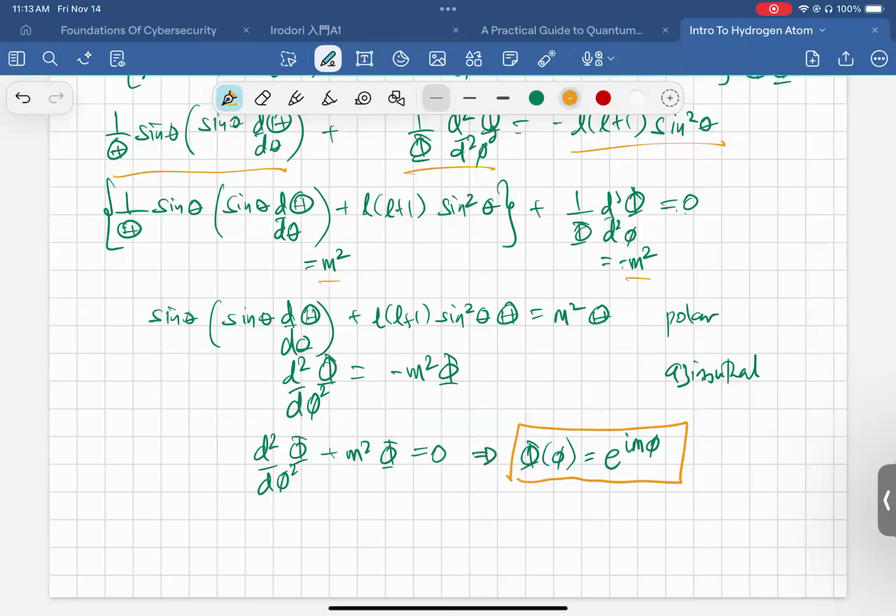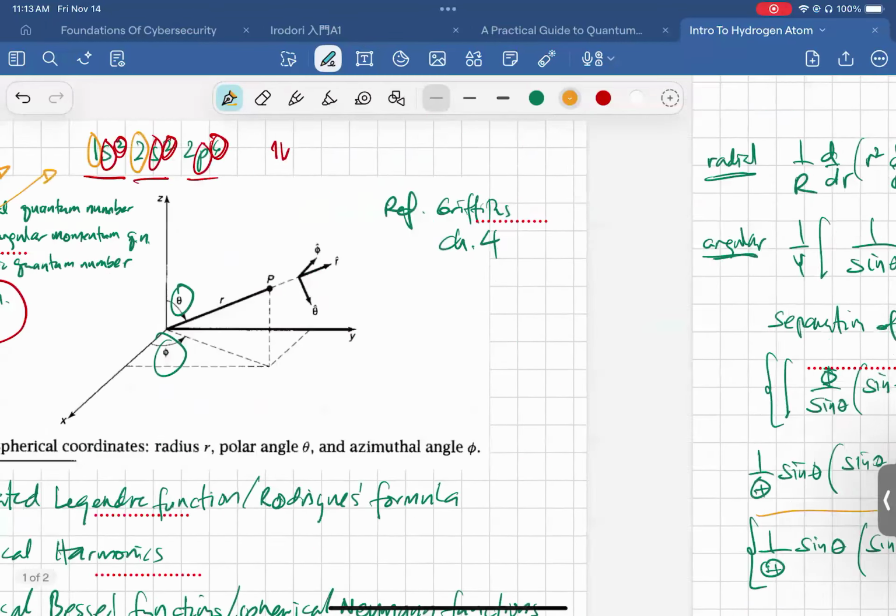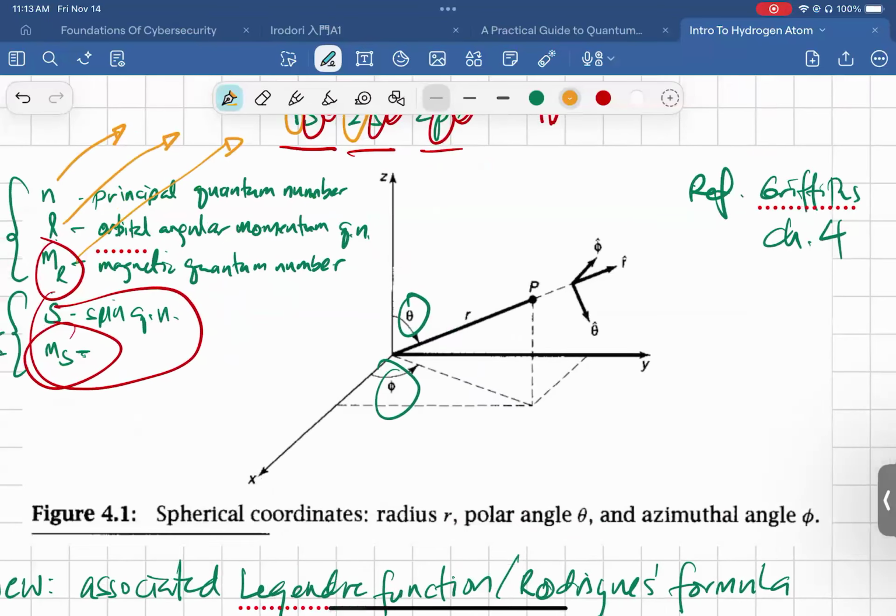So what is this azimuthal solution? Let's look at the solution. This is the graph that describes those angles, and the azimuthal solution is along the xy plane.